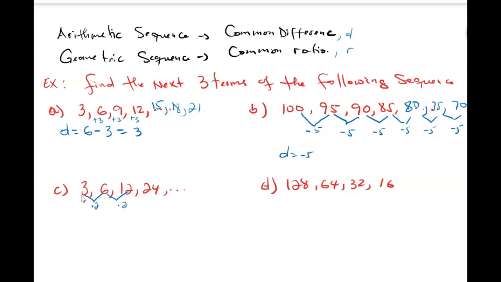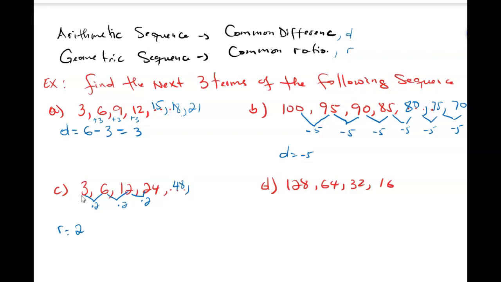Multiply by 2, multiply by 2. That's a common ratio, which means R is equal to 2. And then if we need to find the next 3 terms, we just follow that same pattern. So 24 times 2 is 48.